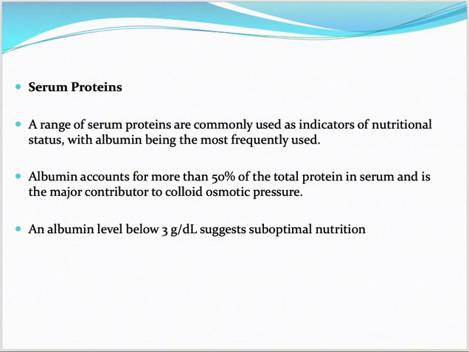For example, some of the proteins have shorter circulating duration. For example, transferrin has a half life of 10 days, and pre-albumin has a half life of 3 days. So there are many factors.